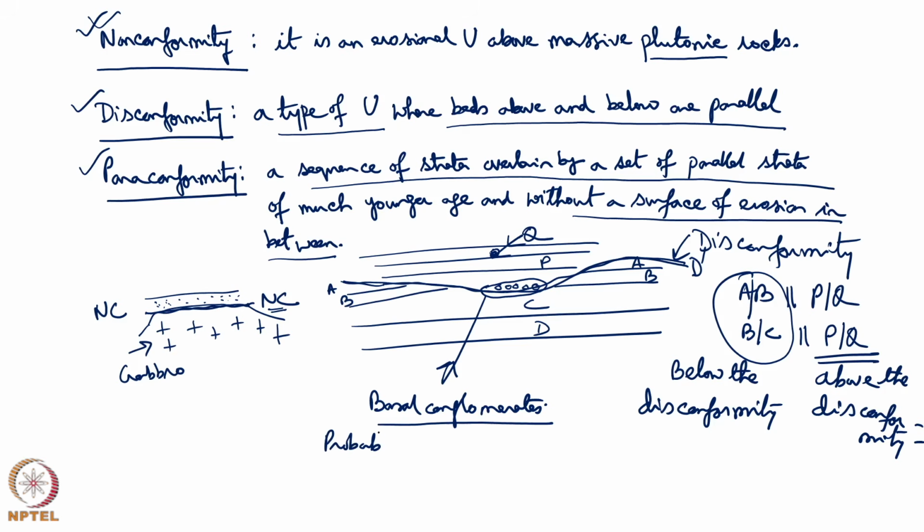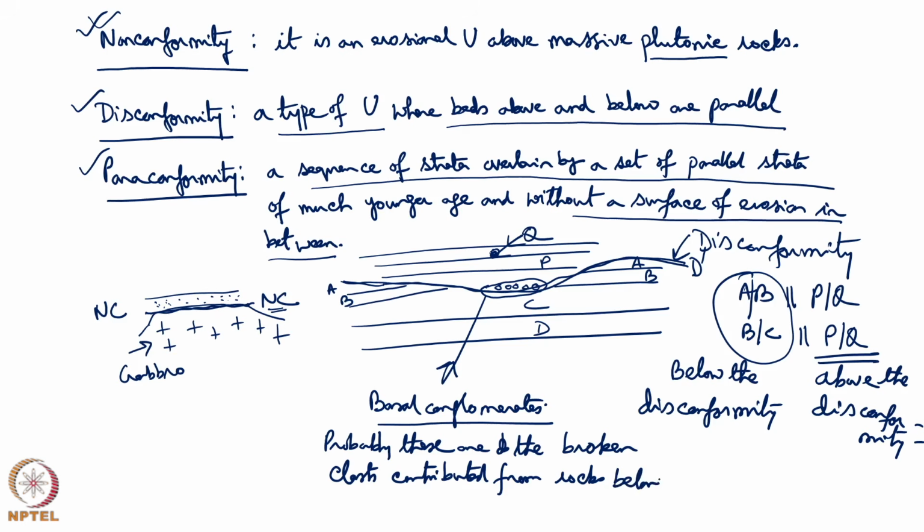Probably these are the broken clasts contributed from rocks below the unconformity. Now, these basal conglomerates in few cases in the world have been found to be enriched in uranium.